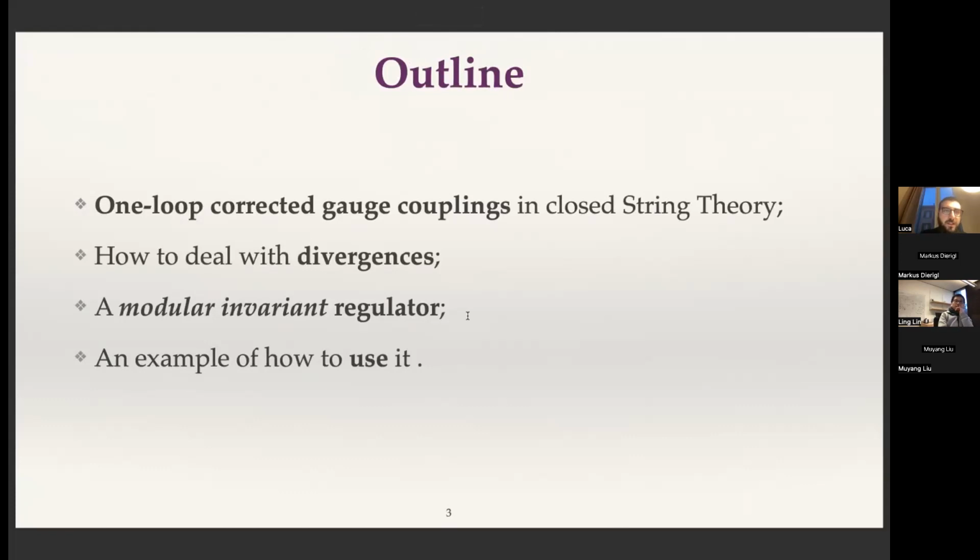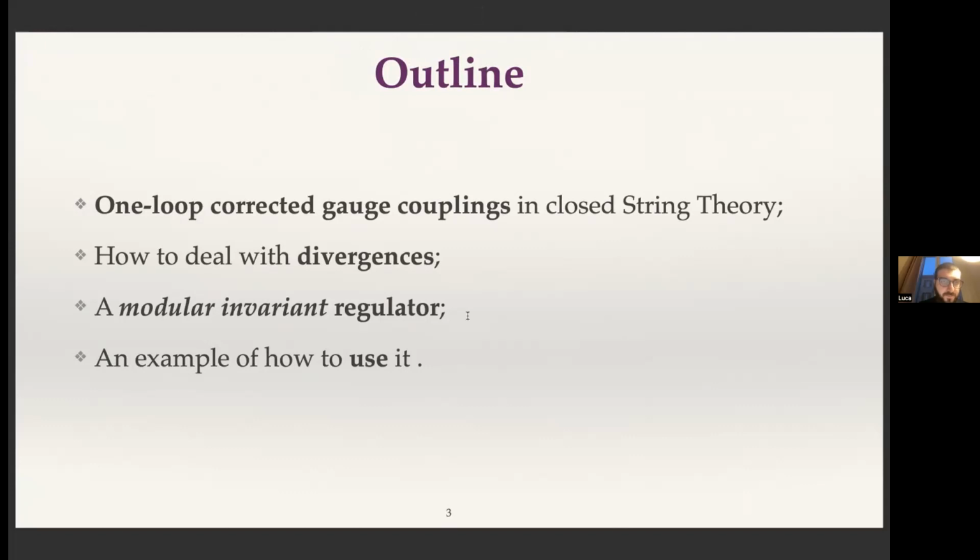So the outline of this talk will be the following. I will review some of the classical expressions for the one loop corrected gauge couplings in string theory, and some basic things about modular invariance and this UV-IR mixing. We will see in this framework of one loop corrected gauge couplings how the divergences may appear and how to deal with these divergences.